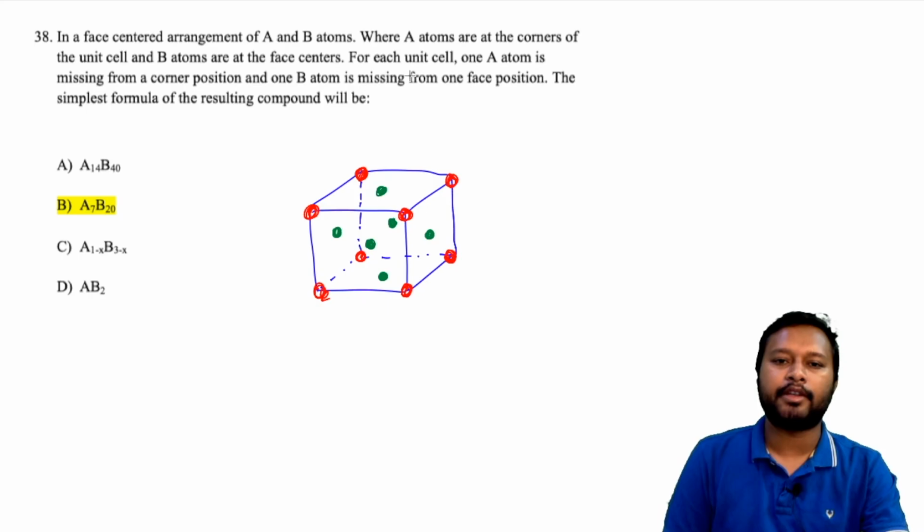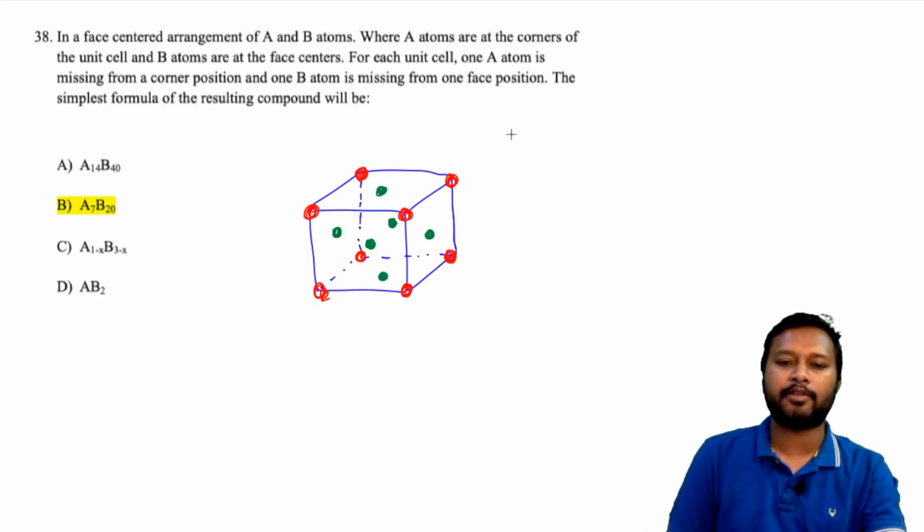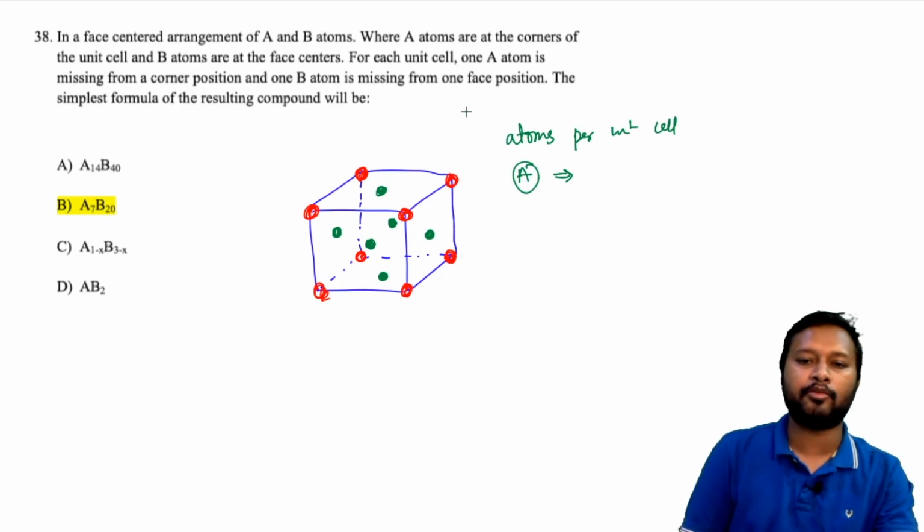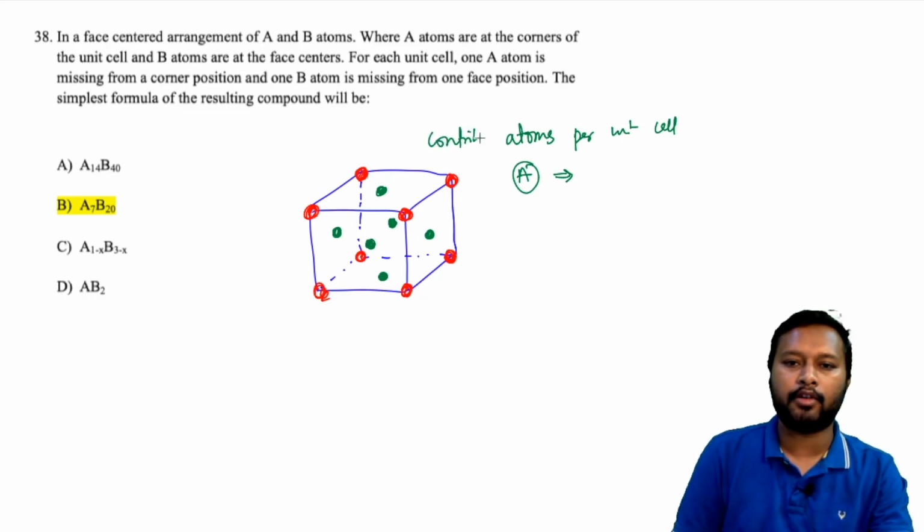Okay, it says for each unit cell one A atom is missing. So atoms per unit cell, if I talk about A, how many A are there? So I should write down the contribution of atoms per unit cell.